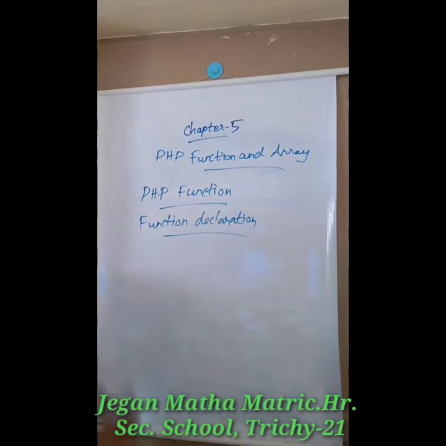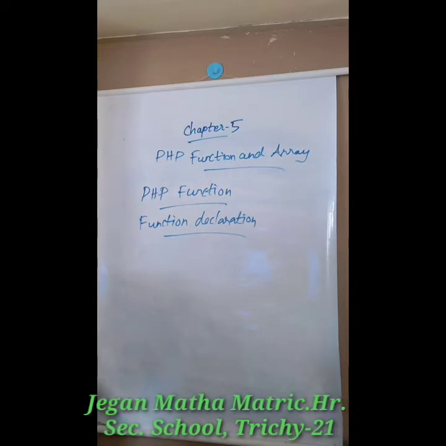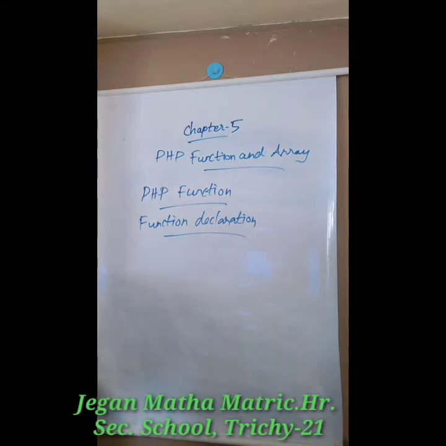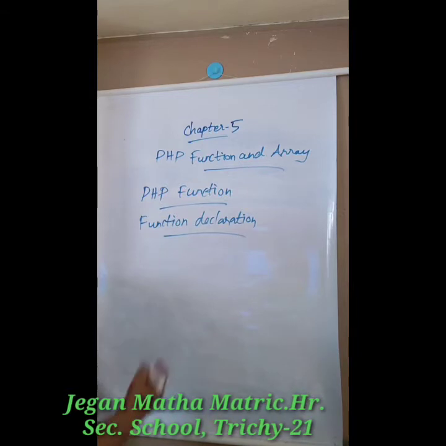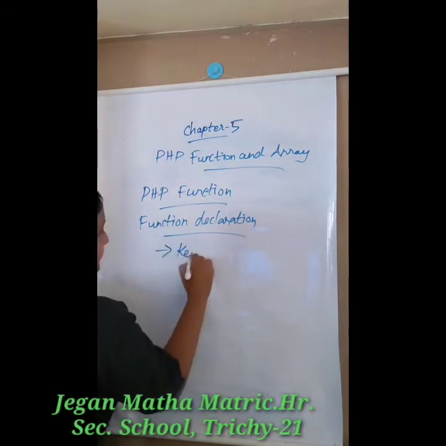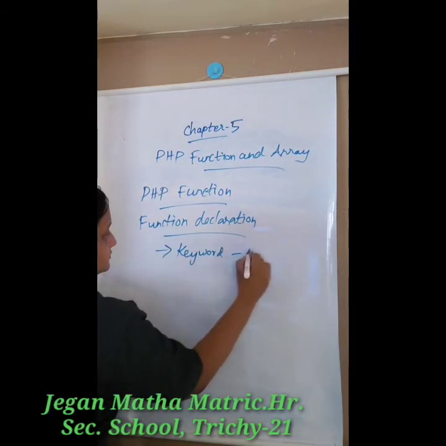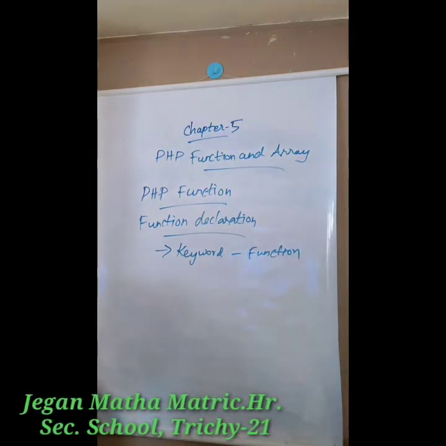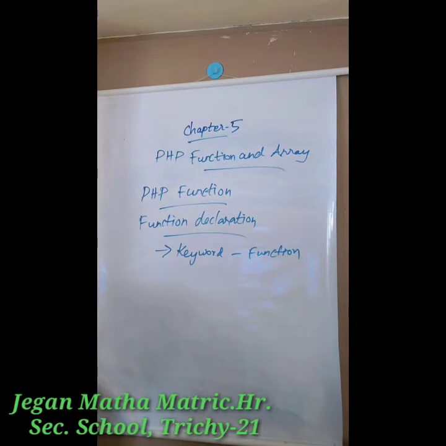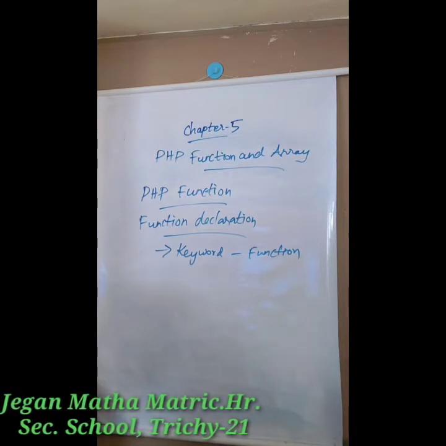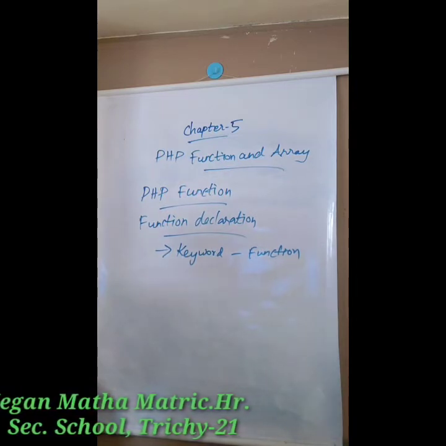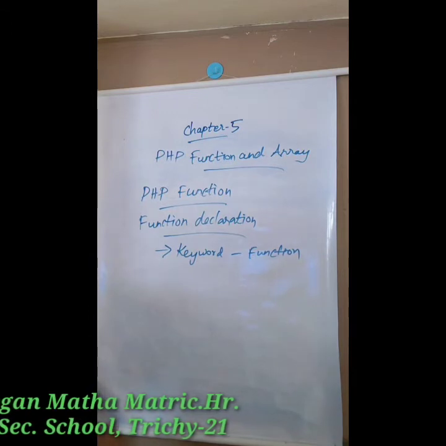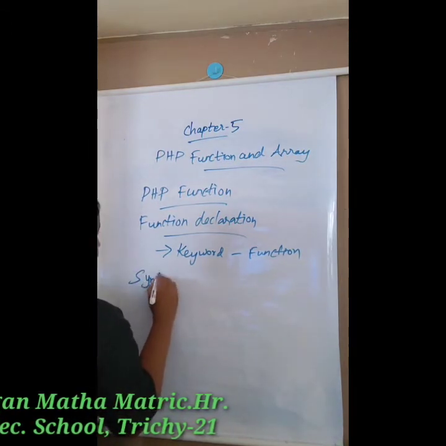A user-defined function declaration begins with the keyword function. A user can write any custom logic inside the function block. Now let us see the syntax of this function declaration.